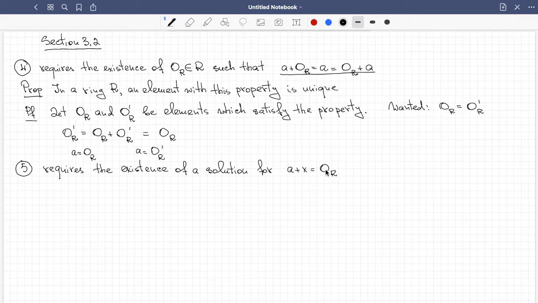We know a solution exists. Is it unique? An argument similar to that we just used for the proposition is presented in the book in the proof of Theorem 3.3.